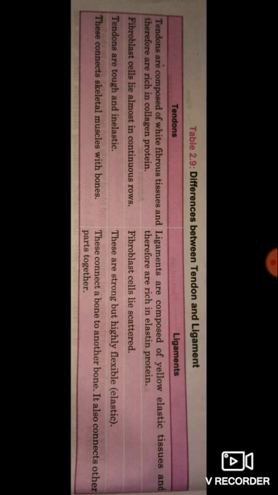Tendons are tough and inelastic. Ligaments are strong but highly flexible, that means elastic. Tendons connect skeletal muscles with bone, and ligaments connect a bone to another bone, that means bone to bone. It also connects other parts together.